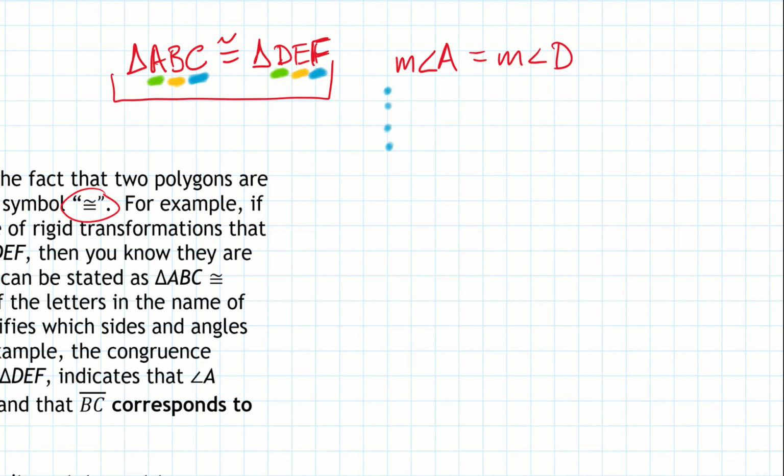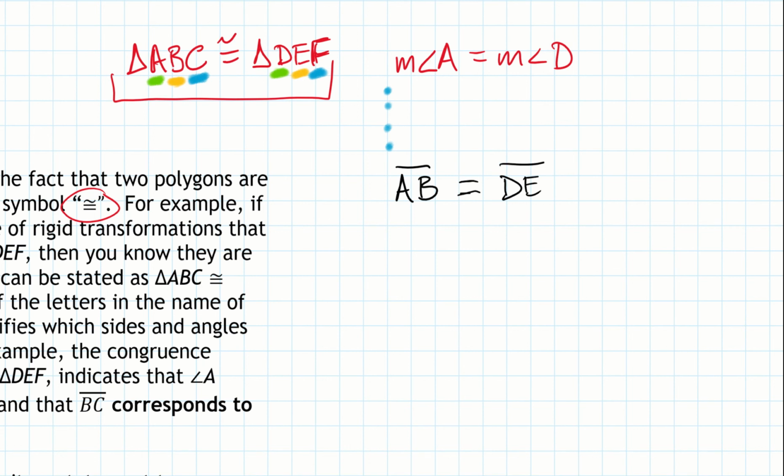And then there are statements that relate the lengths of the sides. For example, this is how I write the length of segment AB. The length of segment AB is the same length as DE.